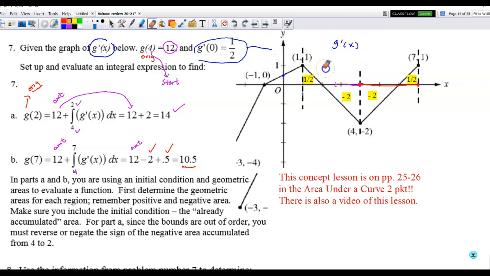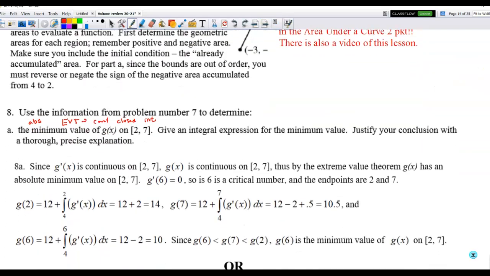I bet that's where the 1/2 is coming in for this problem. So I can visually see that g prime of x is a continuous function. So if g prime is continuous, that means that g of x original is differentiable, has a derivative everywhere, thus continuous.